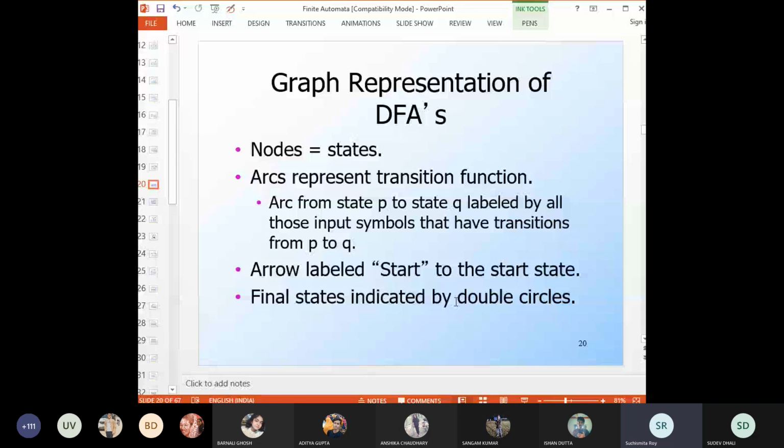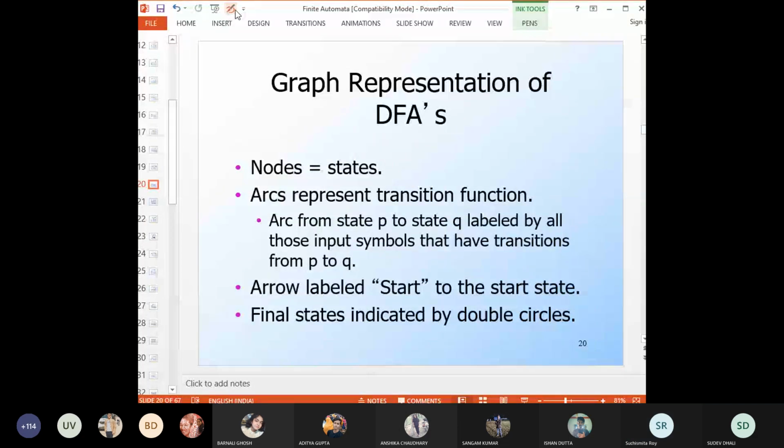So let's move ahead. The nodes represent the states. Arcs represent the transitions. So an arc from state P to Q is labeled by the input symbols that have transitions, or by all the input symbols which have transitions. Generally, if your start state is something like, say, Q0, then as far as the rest of the finite automata is concerned, that will be all right.